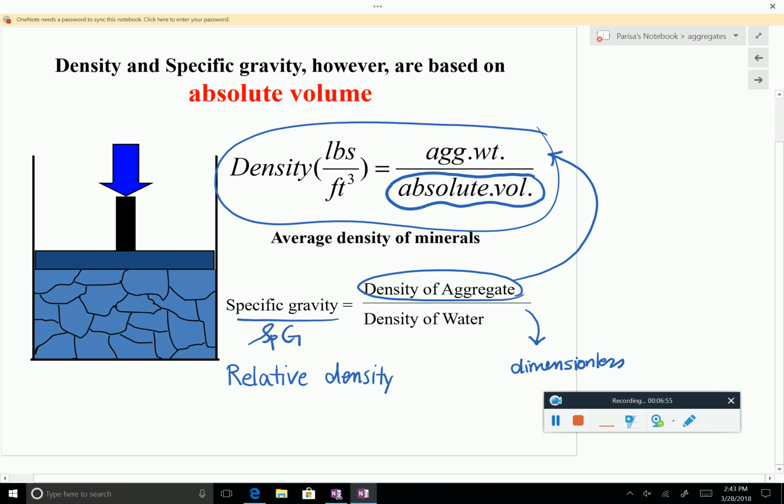And this parameter, specific gravity, doesn't have a dimension because you divide two densities by each other. And if you are taking soil mechanics or equivalent, you may have seen it written as G or G sub S. These are all the same things.